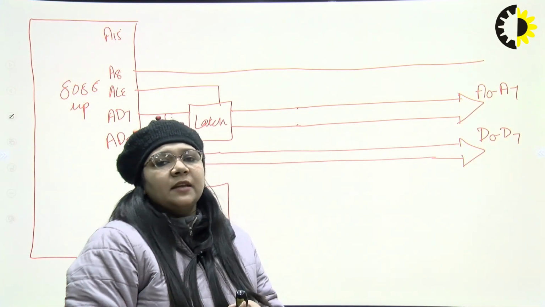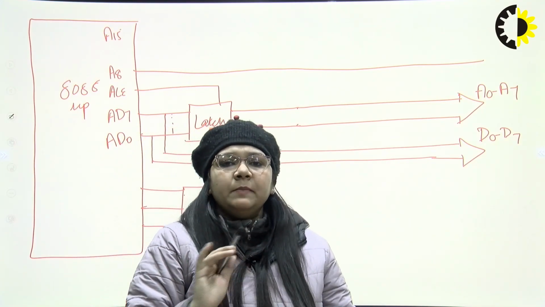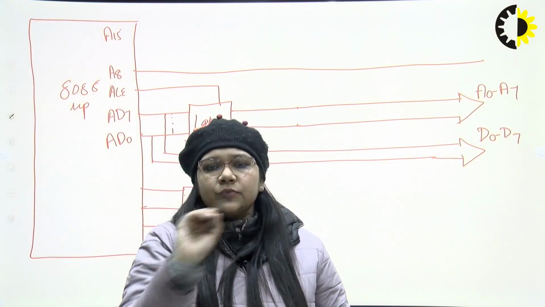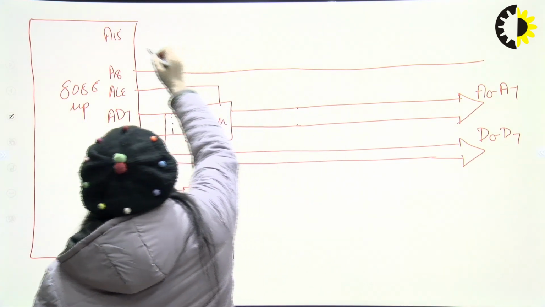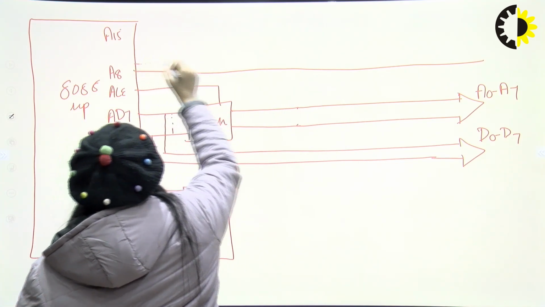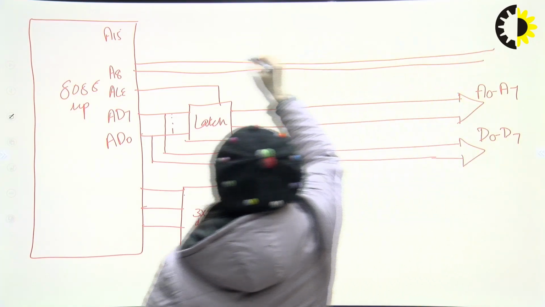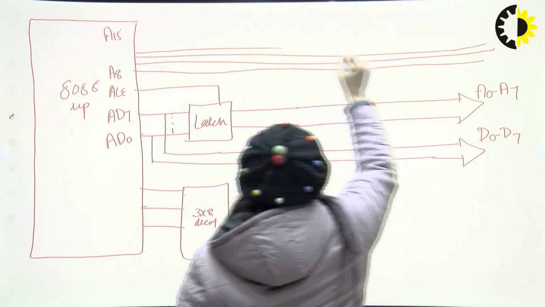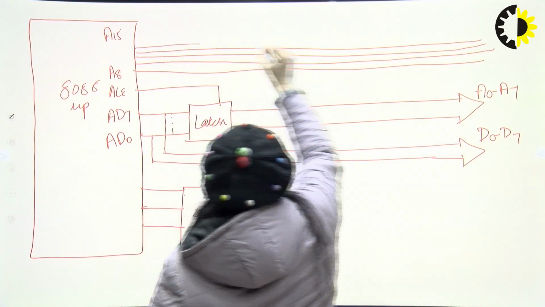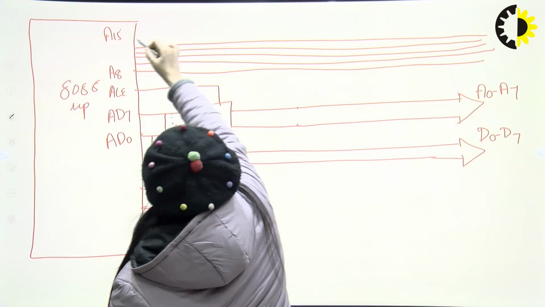Here two things can be done. Either you can draw remaining 8 address lines individually, or you can just combine them using this unidirectional arrow. So we are just drawing 8 lines because I have EPROM and RAM both. This is a very important topic.